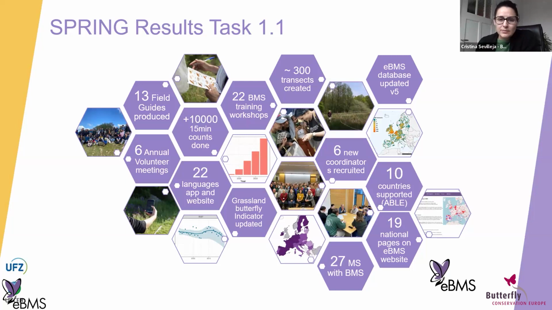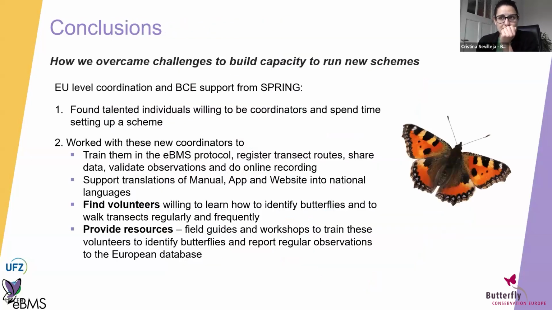It's difficult to calculate, but how many transects have been created in spring? We think around 300 new transects, so that is really great. And we managed to get 6 new lovely coordinators who are working so hard to create their own schemes and go further. So from the eBMS perspective, we are really happy with everything we achieved thanks to you and the support of the coordinators and volunteers.